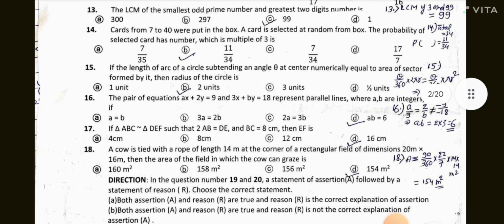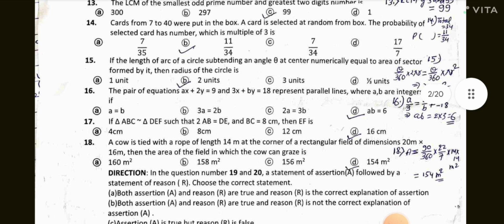The formula for the length of an arc is theta by 360 into 2 pi r, and the area of a sector is theta by 360 into pi r square. They are numerically equal. If we cancel theta by 360, 2 pi r equals pi r square, which means r equals 2. So the right option is B, 2 units.